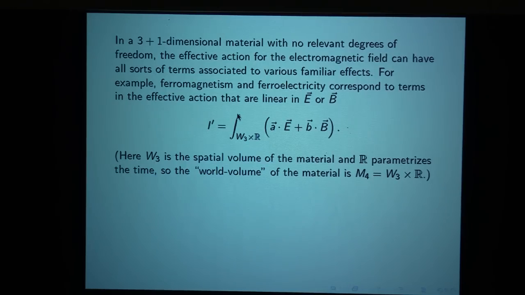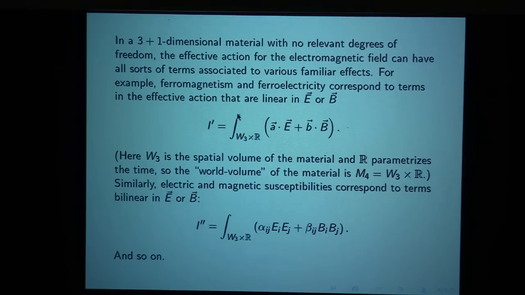So I should stress that the term linear in E or B exists only inside the material, so it's integrated over the spatial volume of the material times time, in contrast to the standard Maxwell action that will be integrated over all of space-time. So these terms describe ferromagnetism and ferroelectricity.